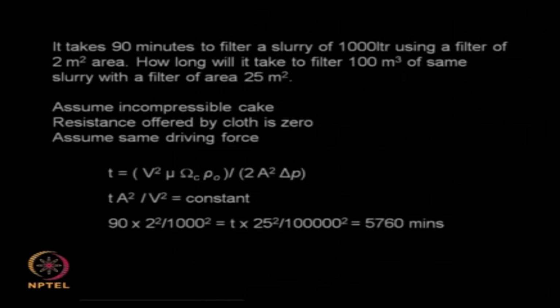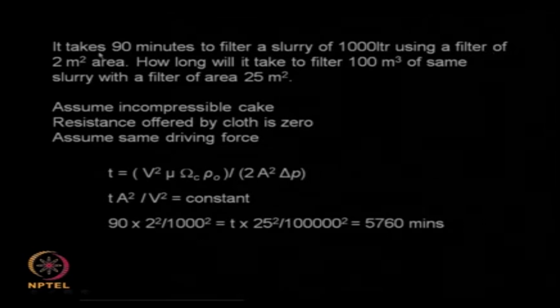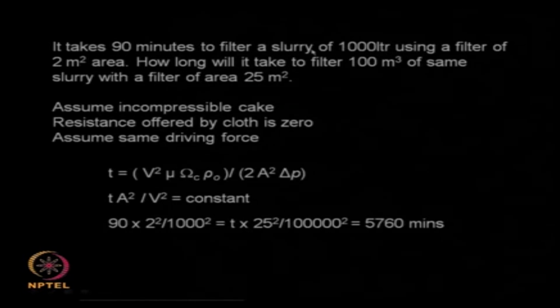So let us look at a simple problem which gives some idea about calculating the filtration process. Now it takes 90 minutes to filter a slurry of 1000 liters using a filter setup of 2 meter square area. That means the area of the filtration setup is 2 meter square, the amount of slurry I need to filter is 1000 liters, and it takes 90 minutes.